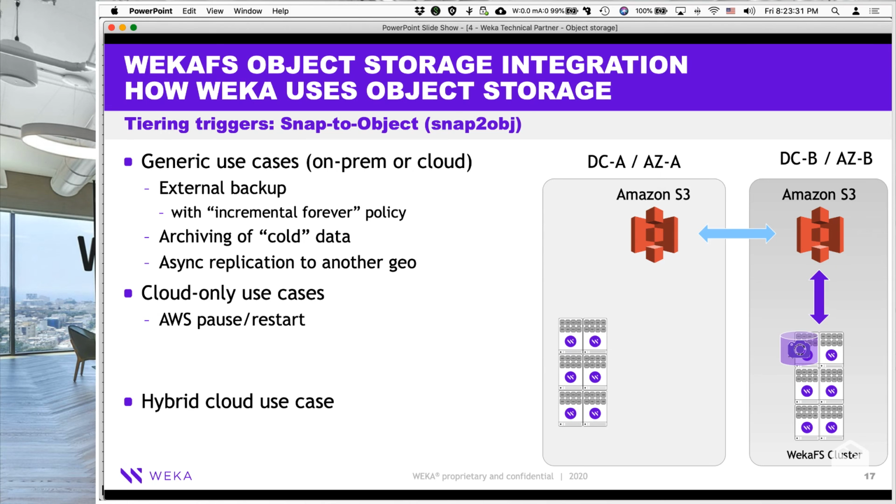Now, cloud-only use cases is AWS pause and restart. It's actually somewhat similar to the archiving. You have your Weka cluster connected to S3. You take a snapshot, you upload it, right? Maybe you're done working for today or for this week. You destroy your Weka cluster, leaving that snapshot in the object store on Amazon S3, right?